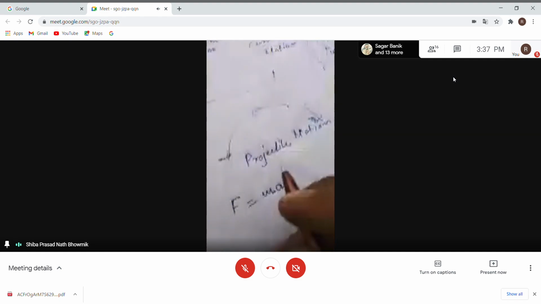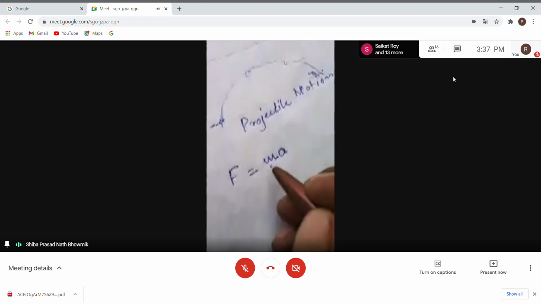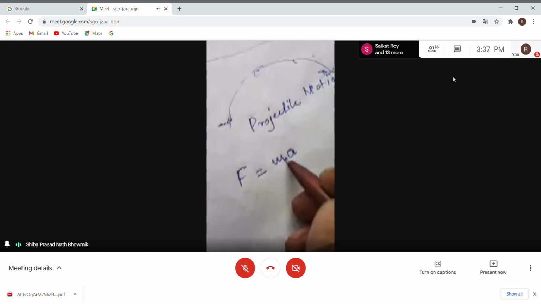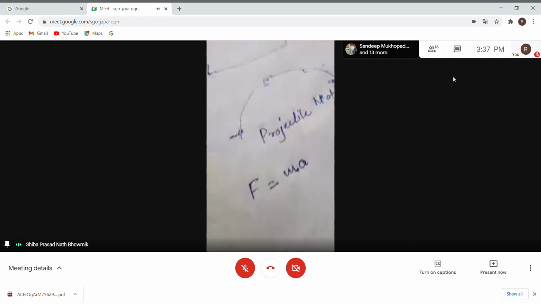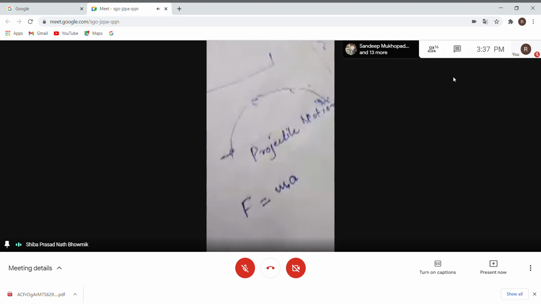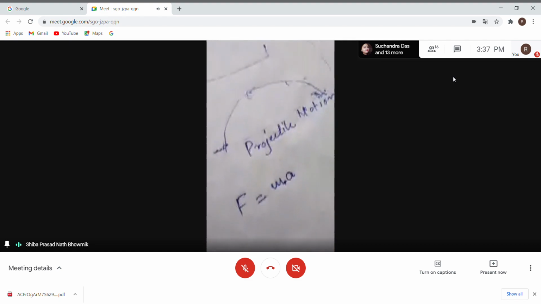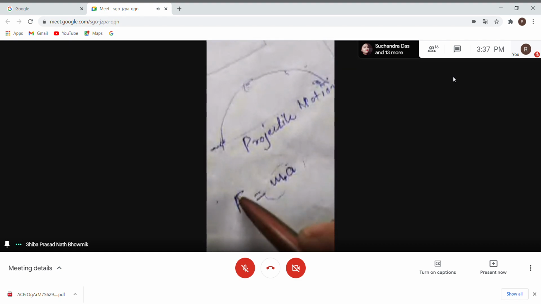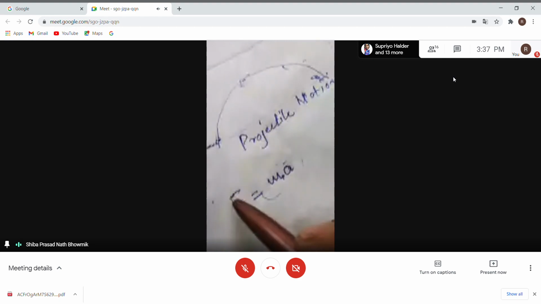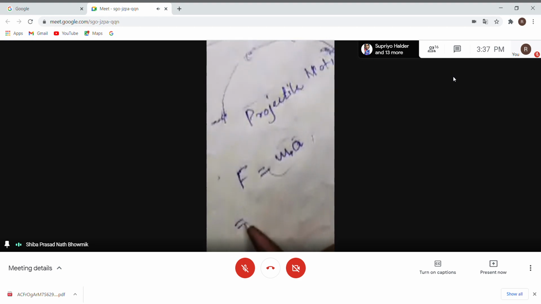F, which is the force, equals mass of the object into acceleration of the object. Three things, right? However, this product equals this one, which is called force. Can we write it this way?